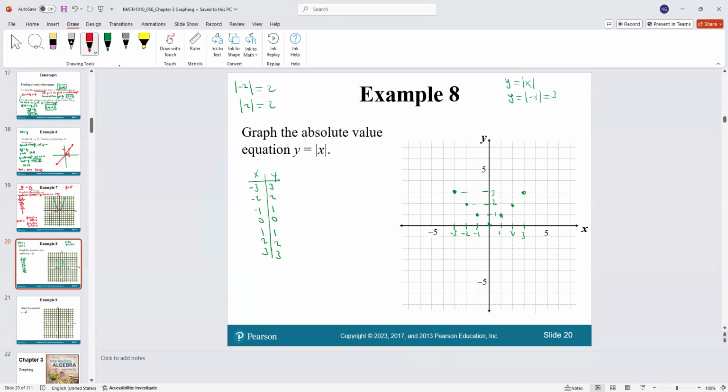Now, when you look at this and we connect the dots, it gives us a V. Take this one as a V. No curves, no smooth curve like we have with the parabola. The parabola has a turning point that is a smooth curve. But with this one, the vertex, I mean the turning point, is just sharp.